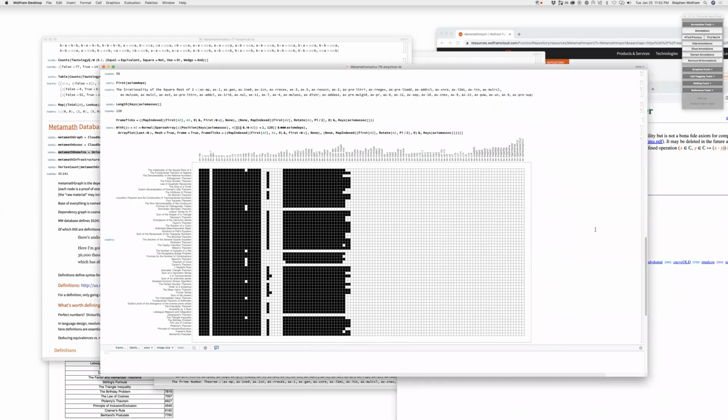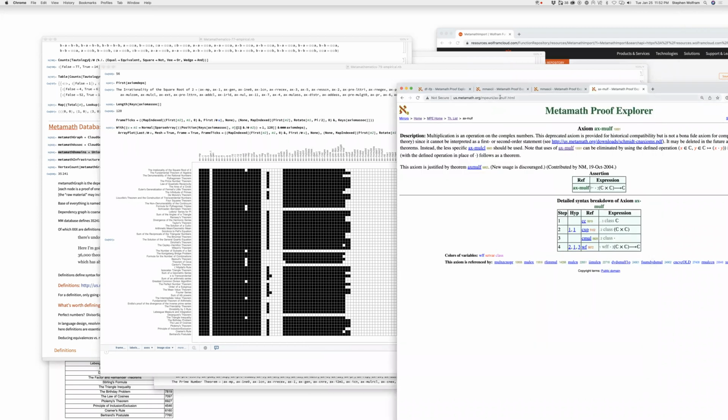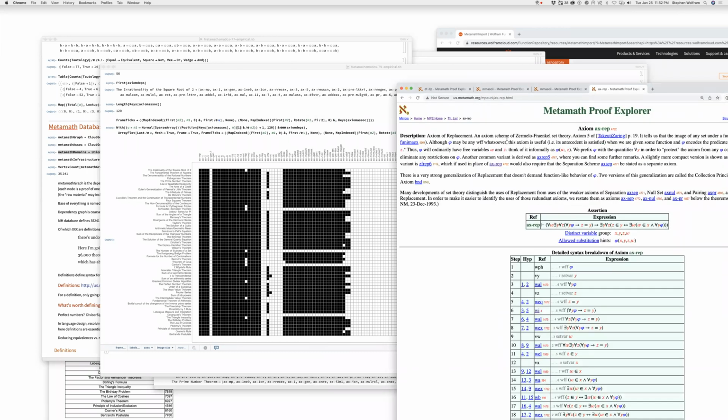AX rep. Axiom of replacement for Zermelo-Fraenkel set theory. Some things don't depend on it. And what's AX?